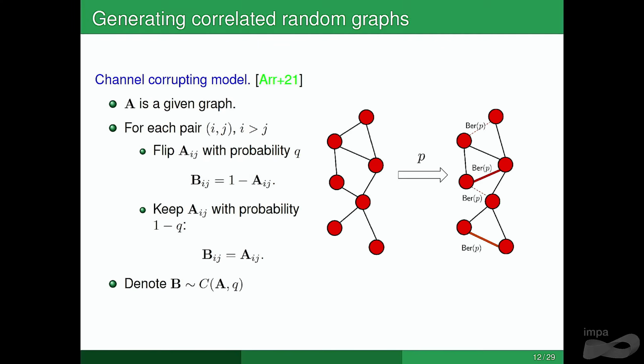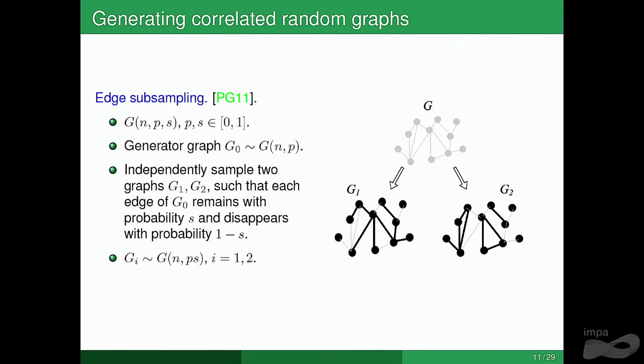So basically, for each existing edge in this graph, we're going to flip a coin with probability s. And if s is equal to 1, what's going to happen? The edge is going to remain. And if the random variable is equal to 0, the edge is going to disappear.